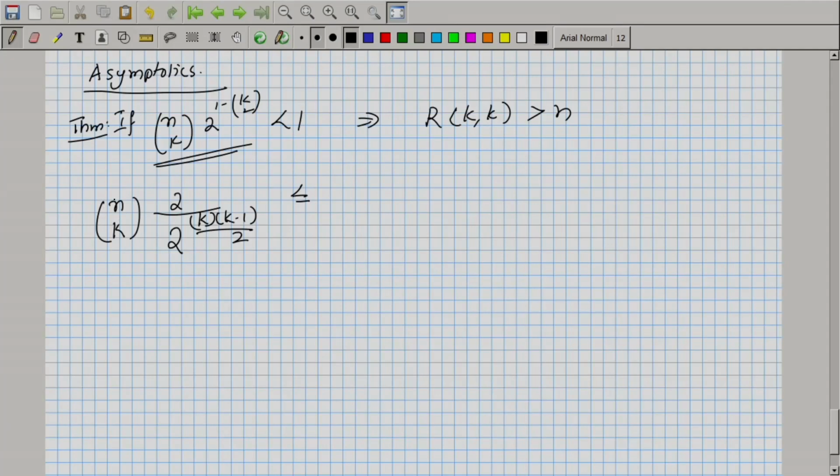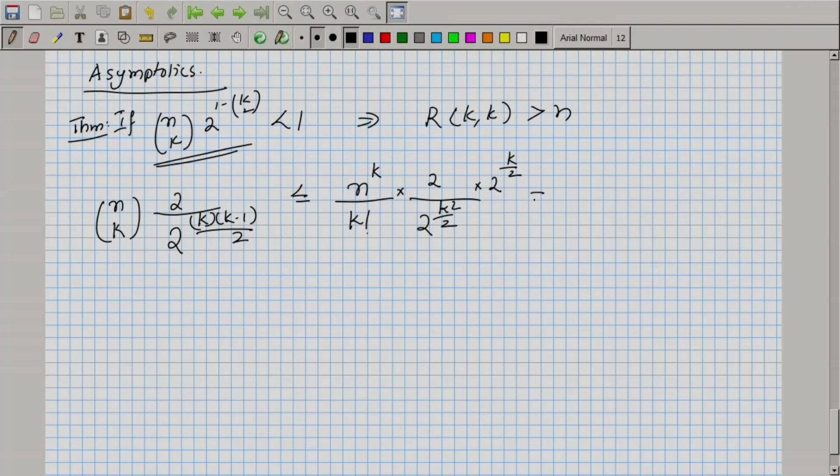So, this n choose k, you can say that it's always less than n raised to k. There are k terms in the numerator when you expand it, divided by k factorial, into 2 divided by 2 raised to k square by 2, and there is a minus k by 2 which we will take up as 2 raised to k by 2.